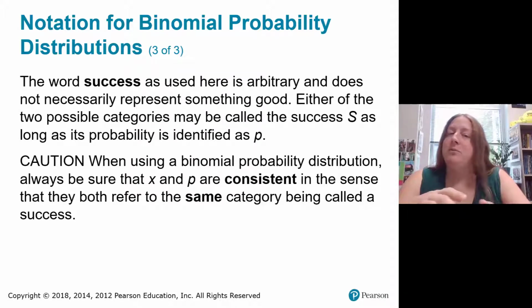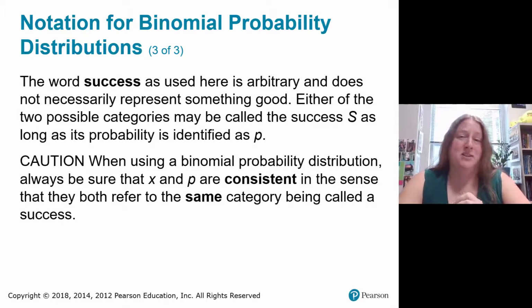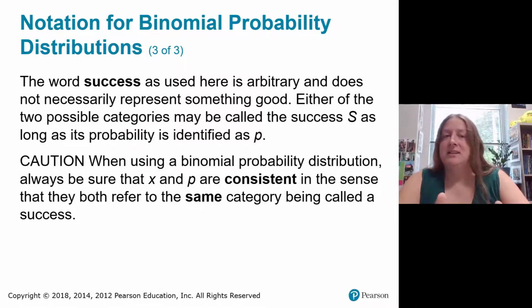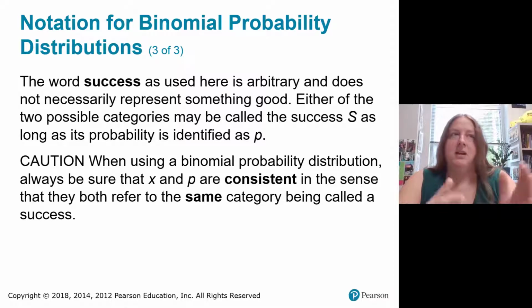Right? So really quick, an important thing. A lot of times when we use the word success here, you should be cringing a little bit because successes are not always good things. Sometimes we'll be looking at the success that we find this many people with cancer, or we'll be looking at the success that this many deaths occur. So success is sometimes really not a good thing.